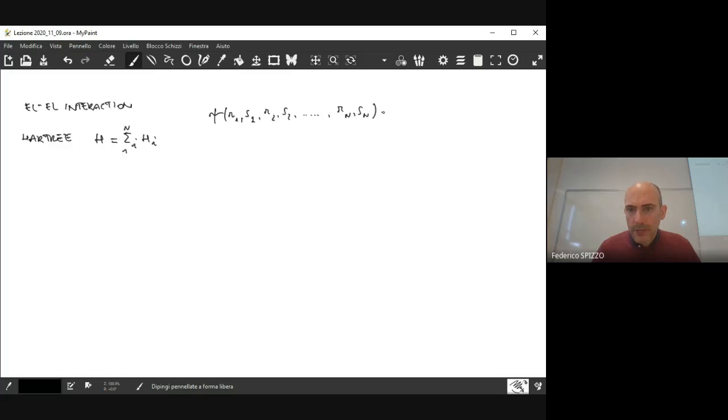So for the moment, I will just write this as a function of the coordinates. I'm not removing the spin, I'm just avoiding including here the spin state of the electron. So what happens when we apply this Hamiltonian to the wave function?